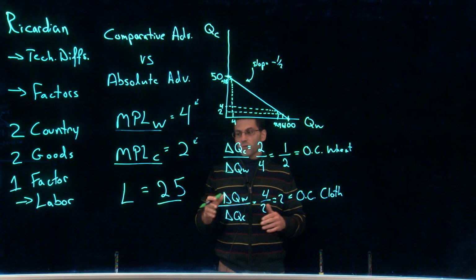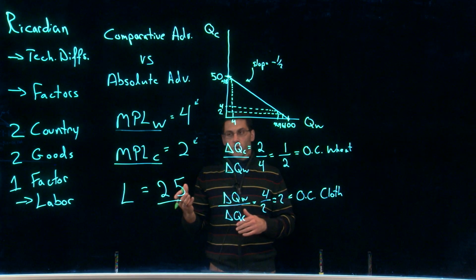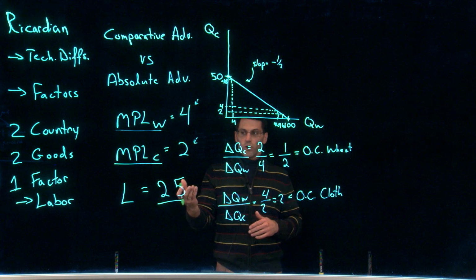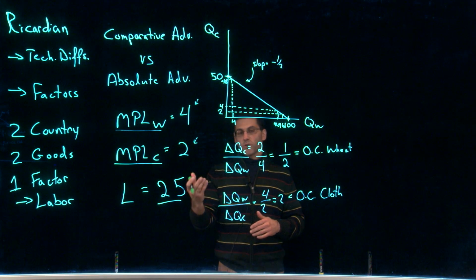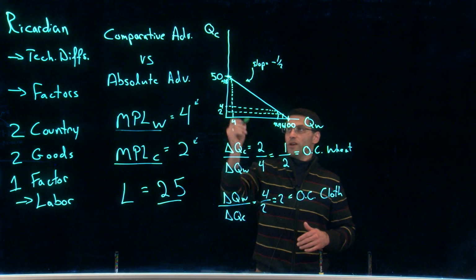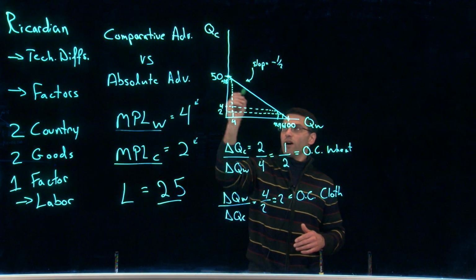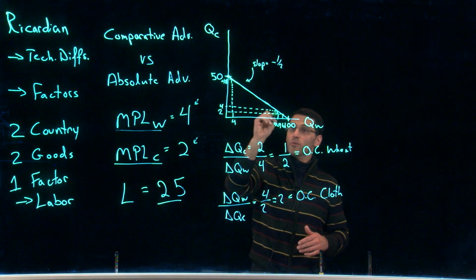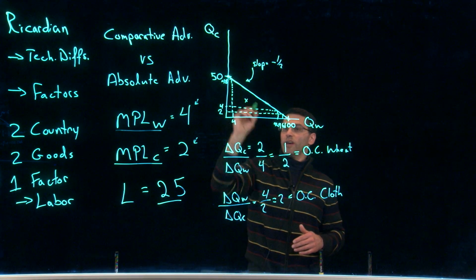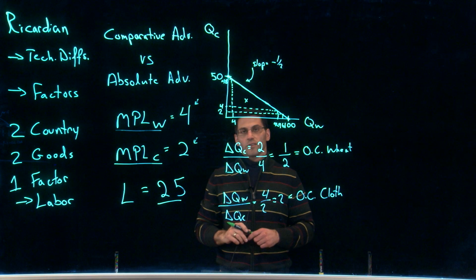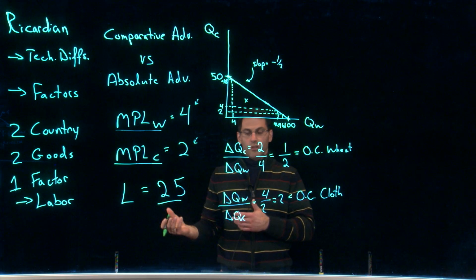This society with 25 workers, where each worker can produce either 4 bushels of wheat or 2 yards of cloth, can produce any combination of wheat and cloth that's on this PPF. Now, you could produce less. You could produce at a point like, say, point X. But why would you? Why would you produce less than you're capable of?